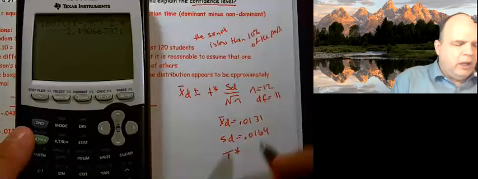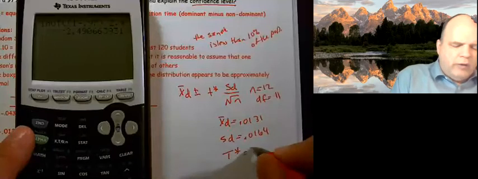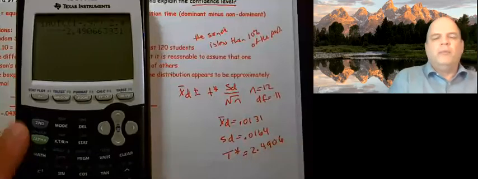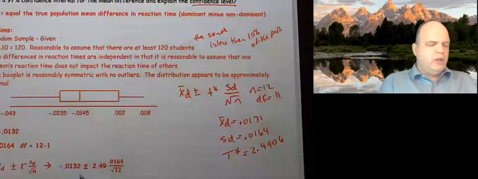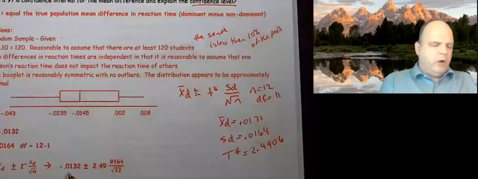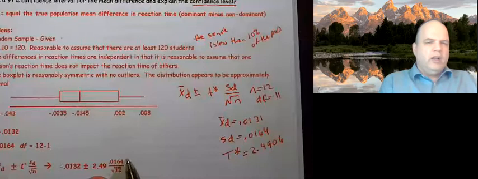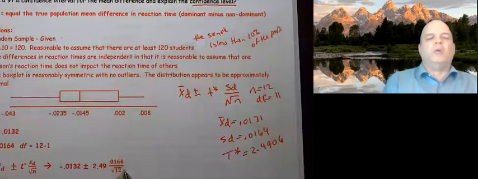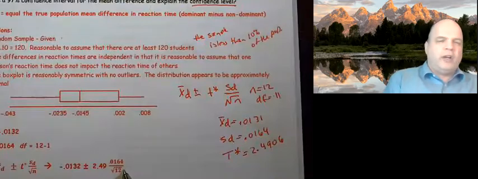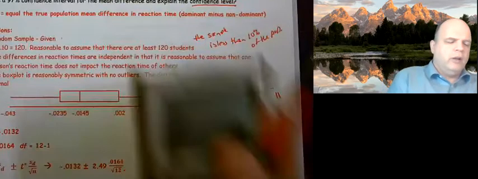And it gives me a t star of 2.4906, which I can now plug into my equation. And I have negative 0.0131 plus or minus 2.4906 times sd over the square root of the sample size, which in this case was 12.